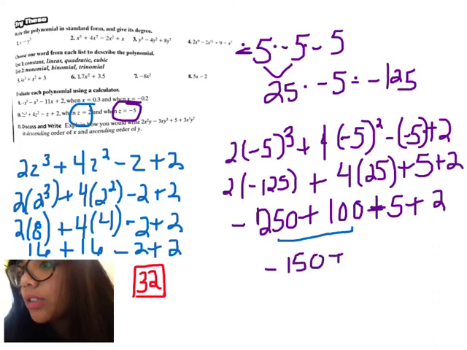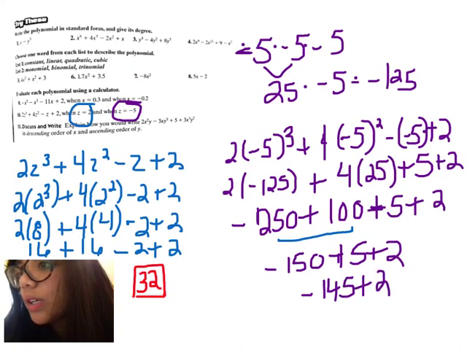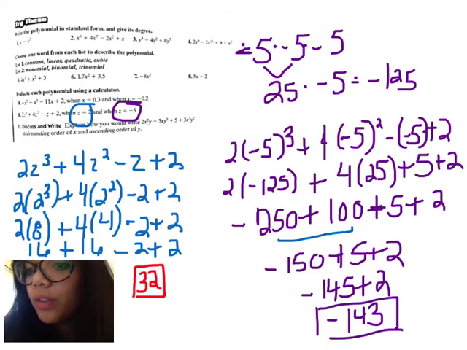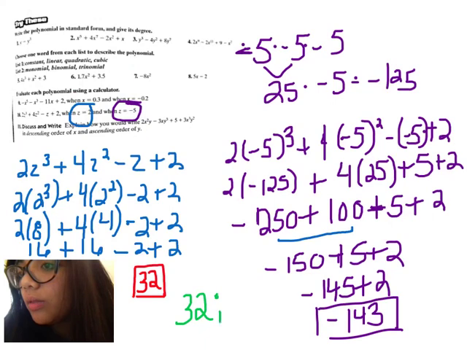Plus 5 plus 2. Negative 150 plus 5 would be negative 145. Plus 2 is negative 143. So my answer, when z is 2 and z is negative 5, would be 32 and negative 143.